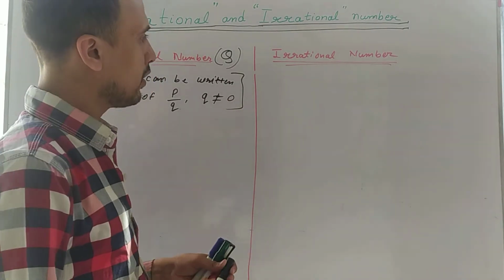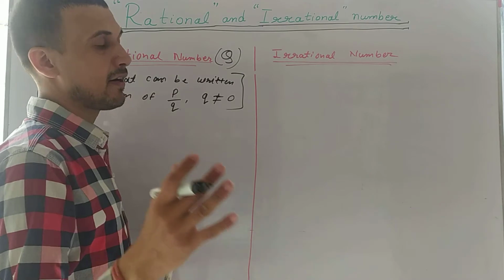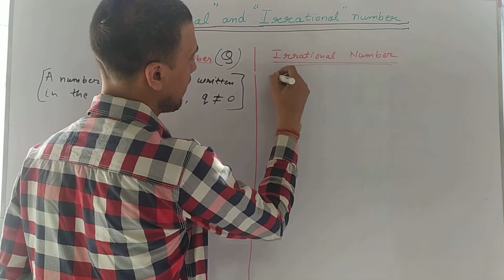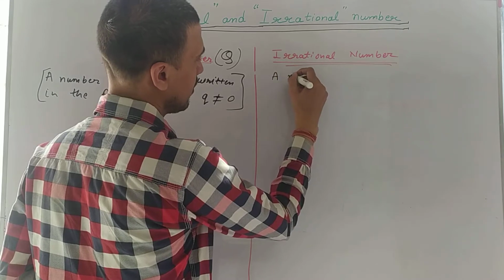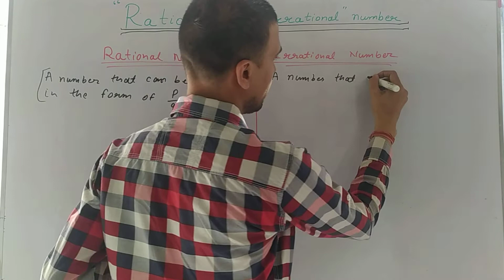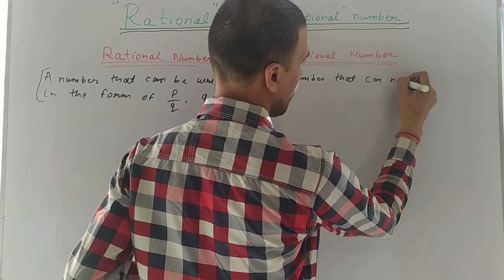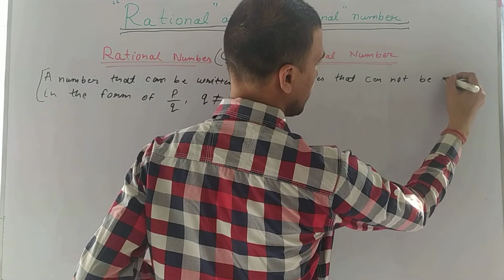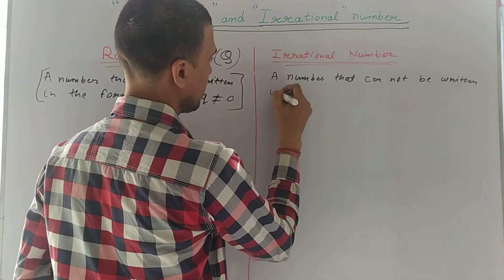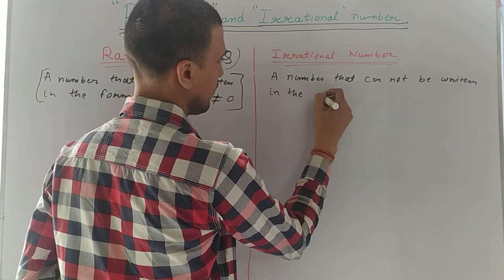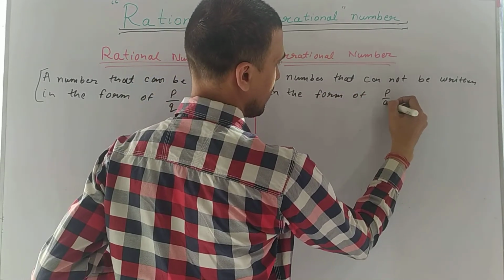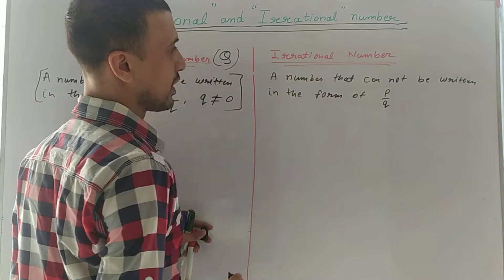Irrational number: a number that cannot be written in the form of p by q. Just the opposite.